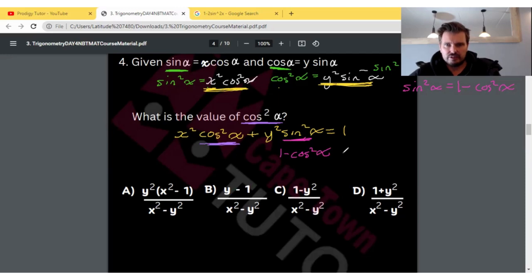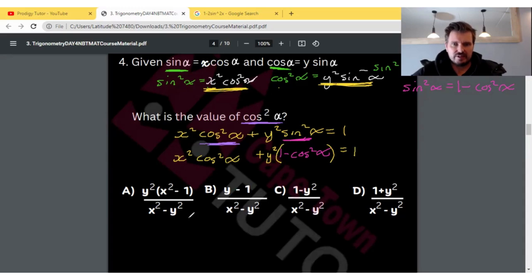Okay, so we've got equals 1 plus, and then we've got the y squared still timesing in there. And then here we just bring this x squared cos squared alpha. Now let's times this out. I'm going to now do it in white because I think we're almost there.